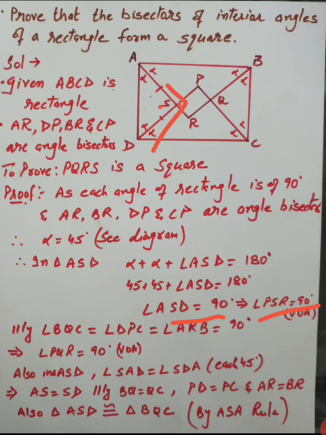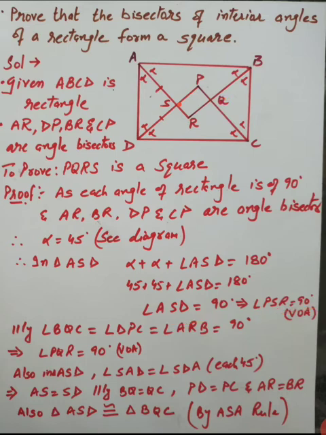In a similar way, in all the triangles, this ARB, DPC, BQC, we can prove that this angle P is 90 degrees and this angle R is 90 degrees. When you prove Q is 90, the opposite angle is also 90 degrees.